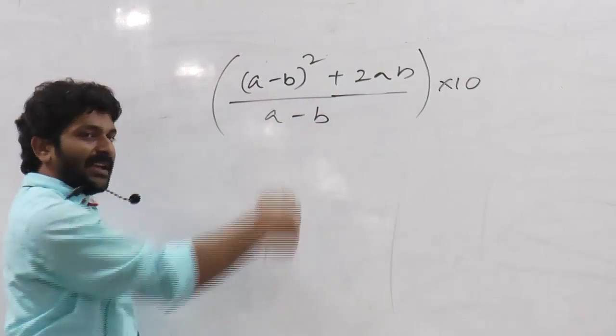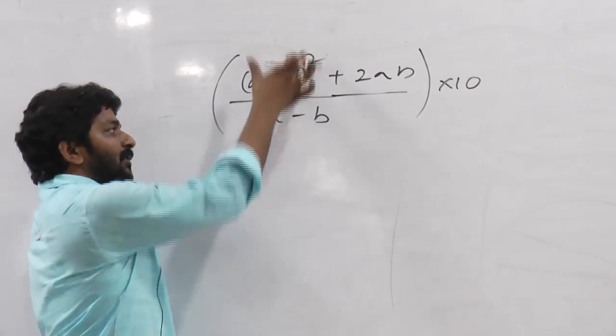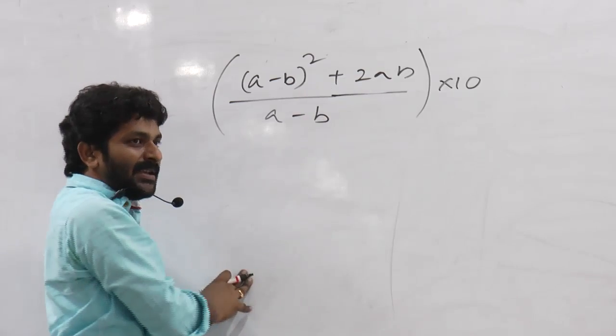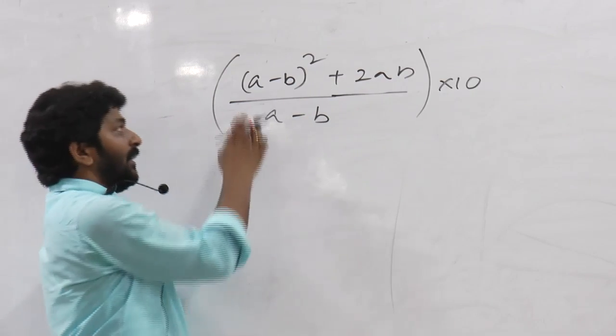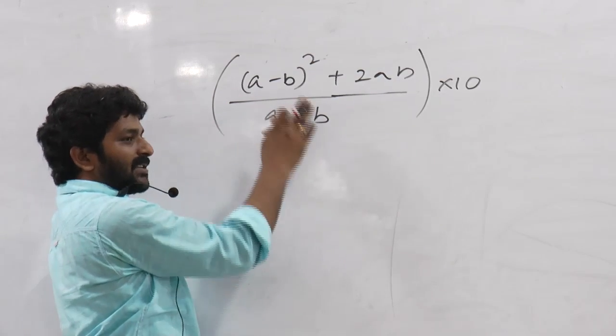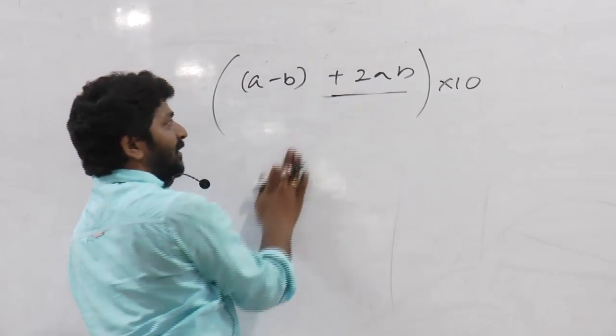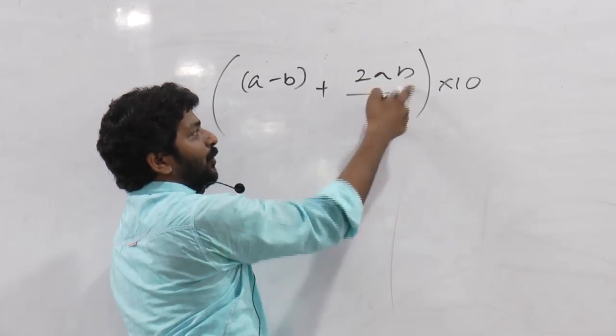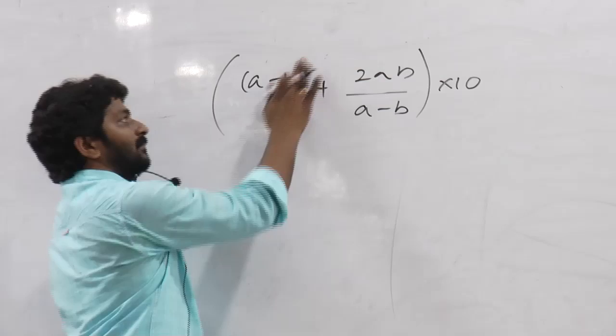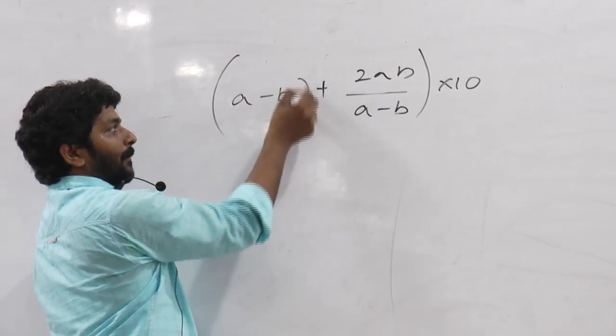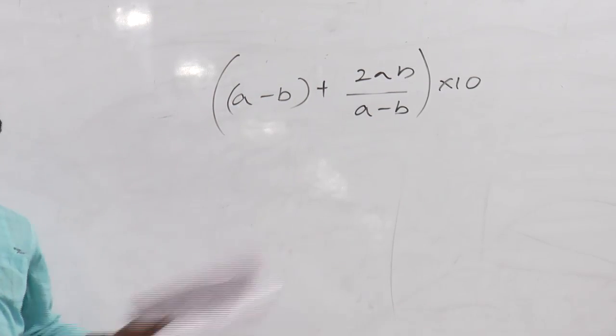Can I simplify this again? A minus b whole square by a minus b plus 2ab by a minus b. Yes or no? A minus b whole square by a minus b gets cancelled. I'll have a minus b plus 2ab by a minus b. Right? This is what we are going to have.